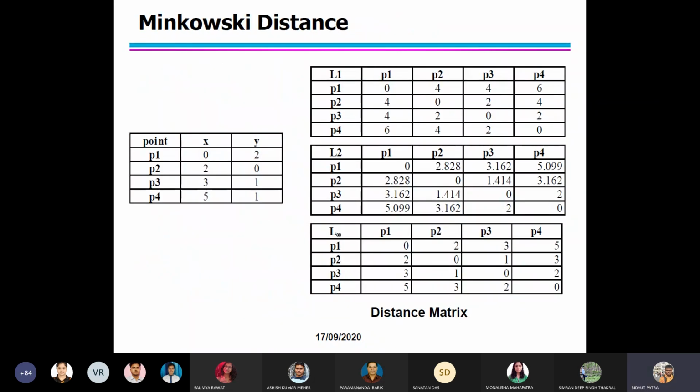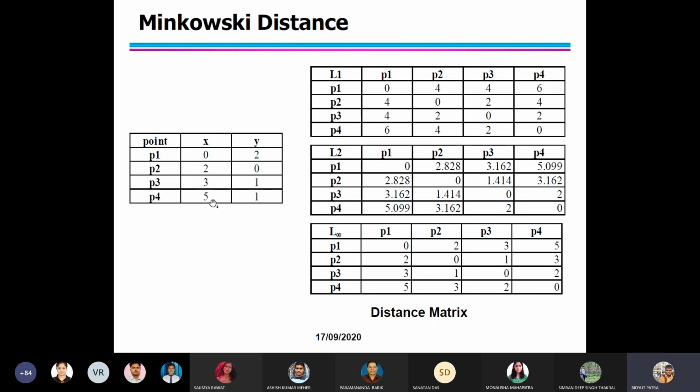Now one example here. There is no need to show it in detail, but please see it very carefully. Generally, I give at least a 1 mark question from here, on how to compute the L infinity norm. So let's say we have points on 2D, and I want to compute the distance between P1 and P5. What will be the L1 distance?